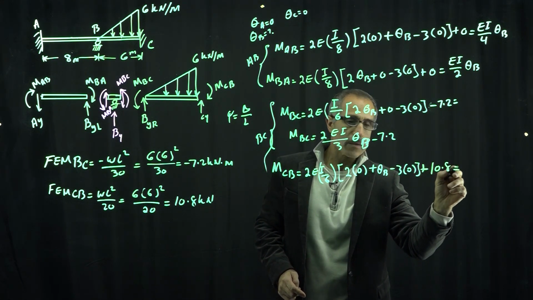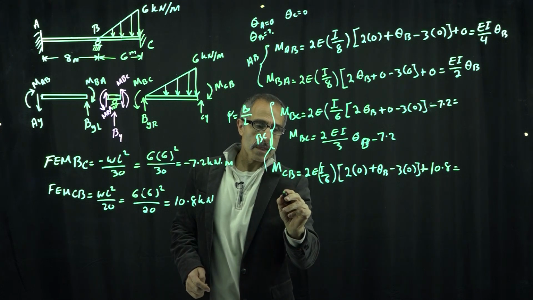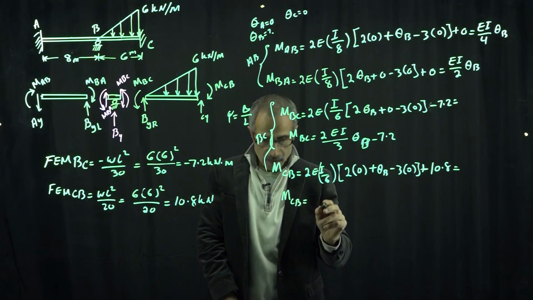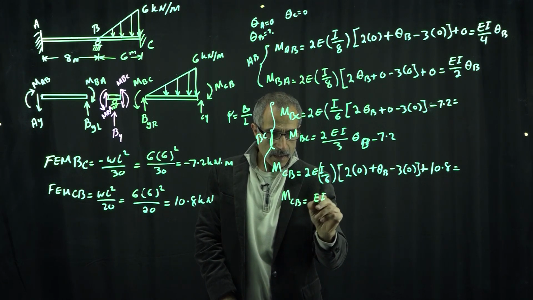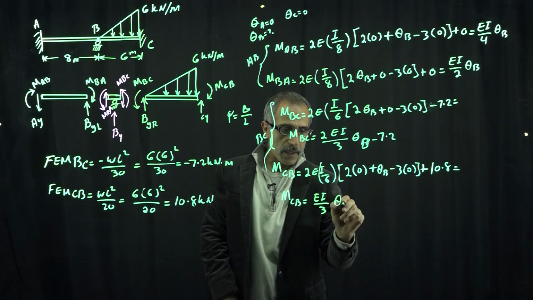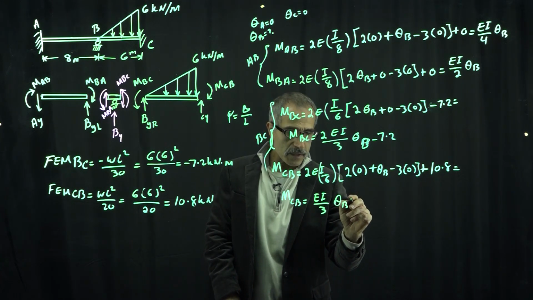So MCB comes out to EI divided by 3 times theta B plus 10.8.